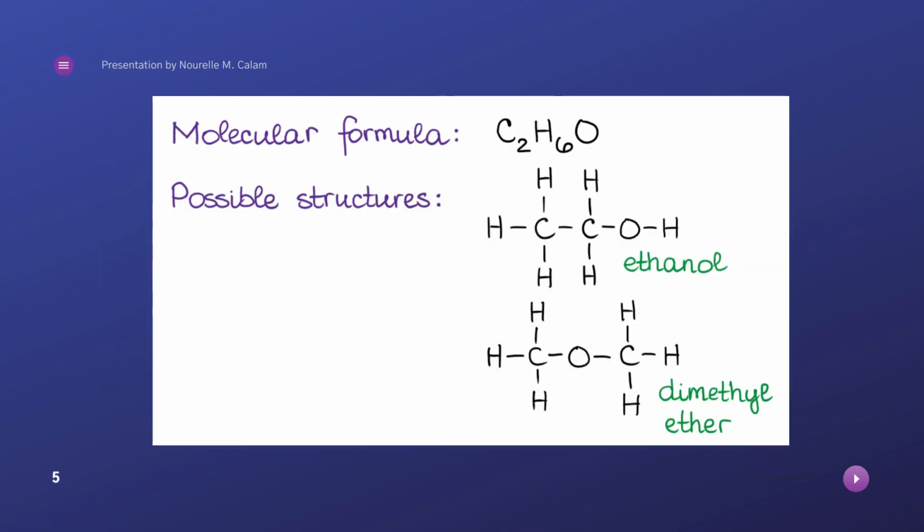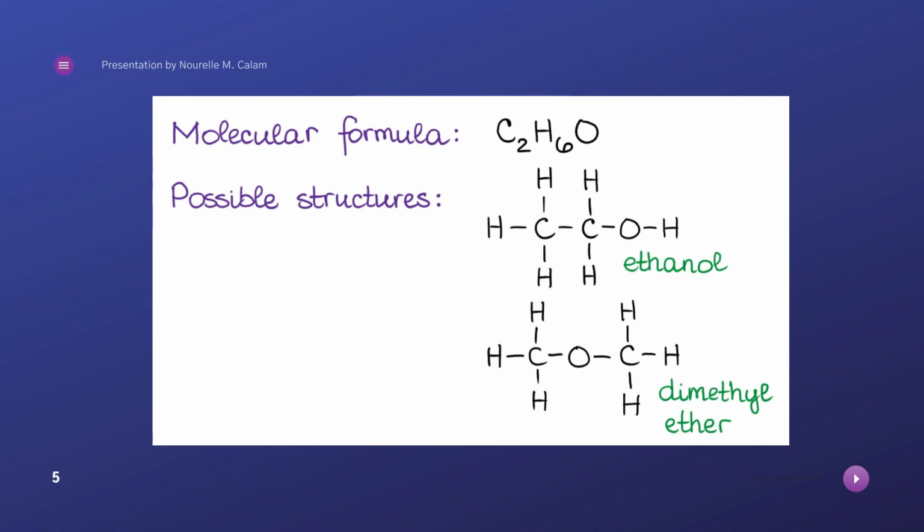Now, to give you further view into what I'm talking about, we have here a molecular formula given. C2H6O1. Therefore, there are two carbons in this molecule, six hydrogens, and one oxygen atom.